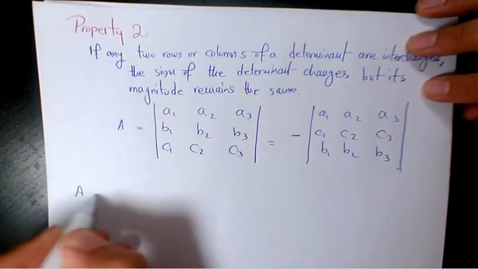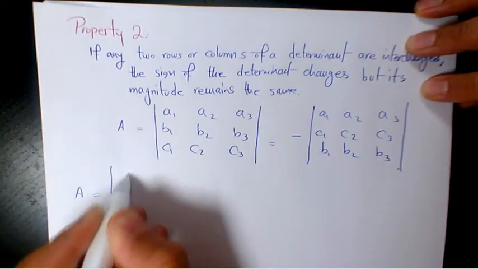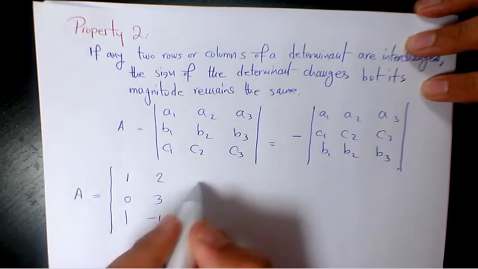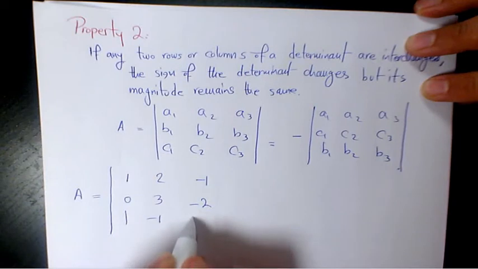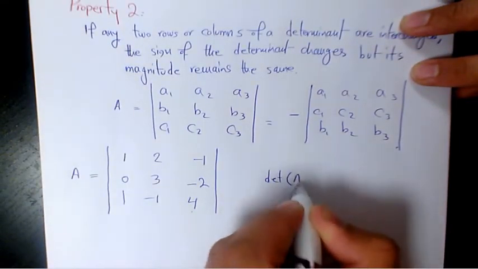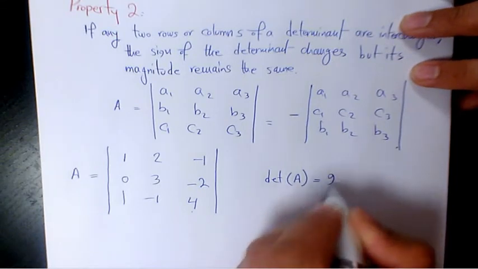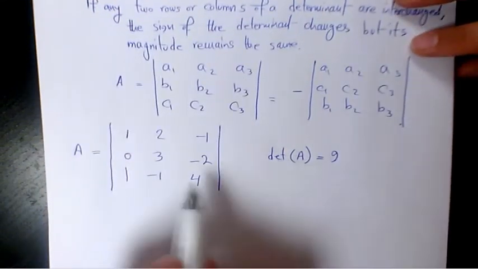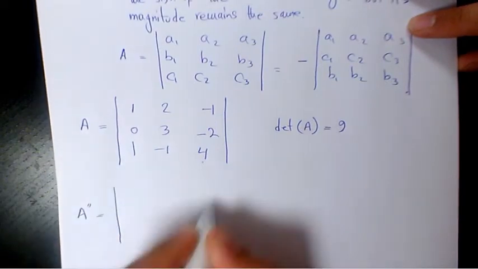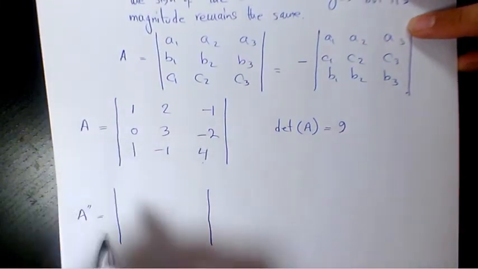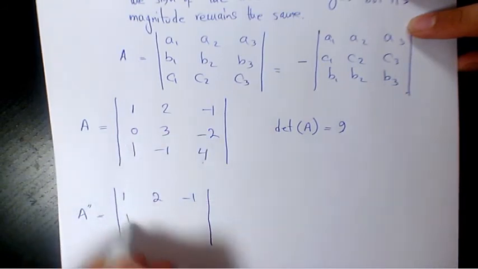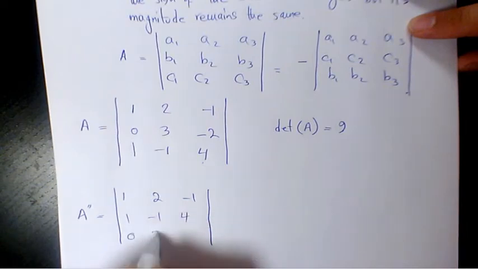Let's have the same example. We have 0, 1, 0, 1, 2, 3, negative 1, negative 1, negative 2, and 4. We found that determinant A was 9 in the previous example. Now I want to have A double prime and switch the second row with the third row. So 1, 2, negative 1, 1, negative 1, 4, 0, 3, negative 2.